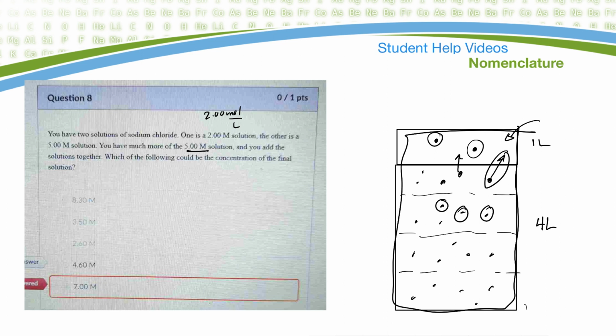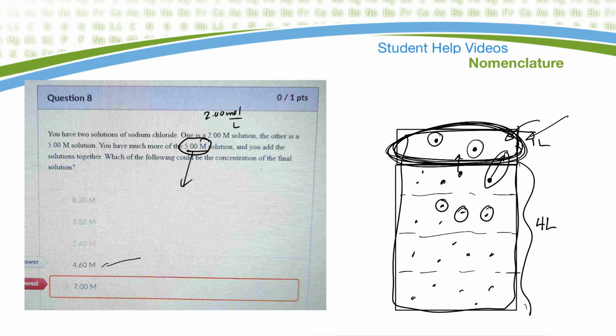So I've got lots more of this stuff, so the concentration will decrease just a little bit, because there's quite a bit less of this than there is of this. It will go down a little bit, but not a ton. So if it started at 5, then I'd probably say 4.6, not 3.5. I don't think that's gone down nearly enough.